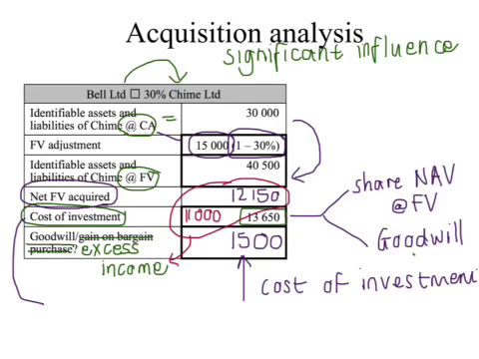So if there's excess income, this income will be recognized as part of our share of the profit of the associate in this specific year.